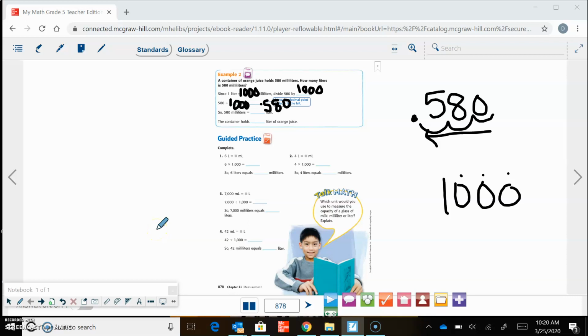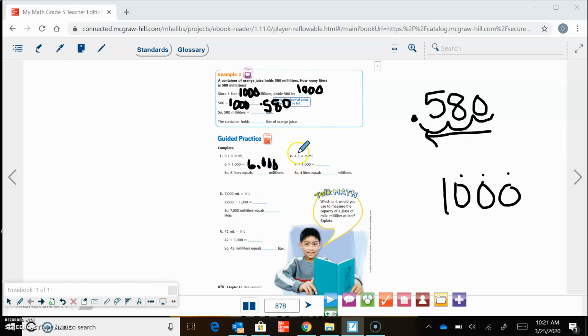Okay, number 1. 6 liters is how many milliliters? Well, let's see if we're doing multiplication or division. Liter into milliliter. That's horse to fly, multiply. 6 times 1,000 equals what? Easy peasy, 6,000.